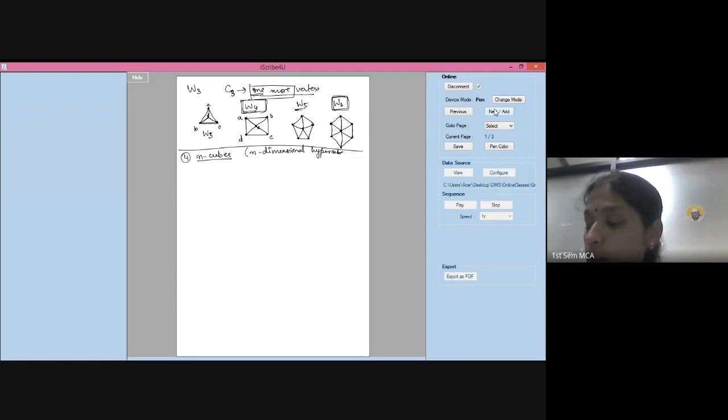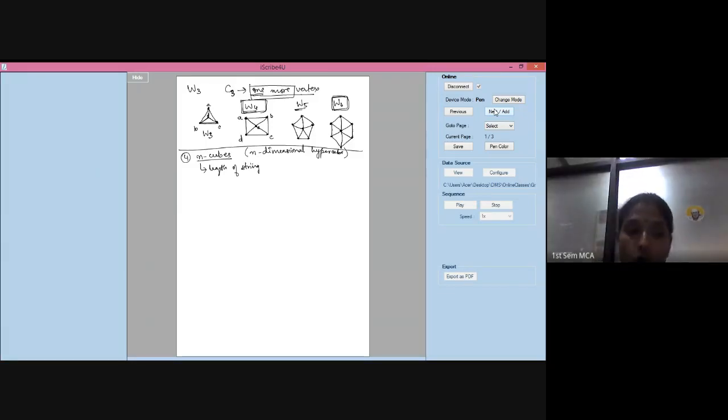Here, n is the length of the string. N represents the length of a string or a combination of bits, I would call it. Each vertex would represent 2 to the power of n bit strings of length n.